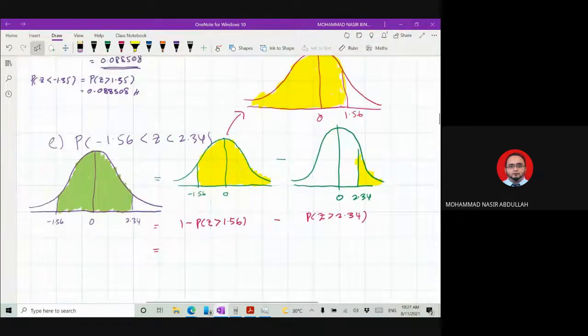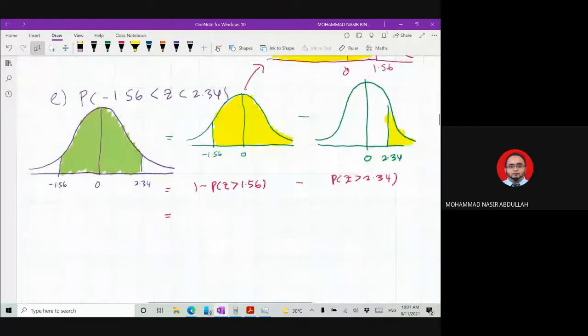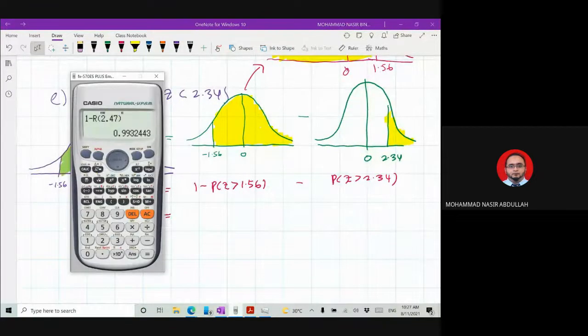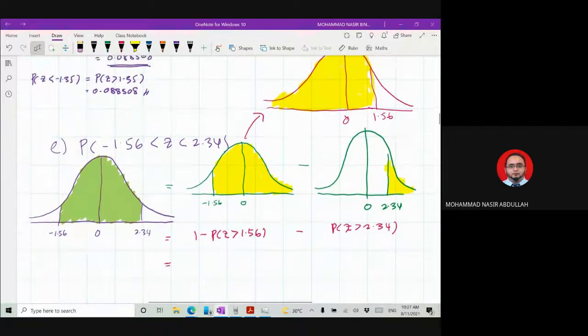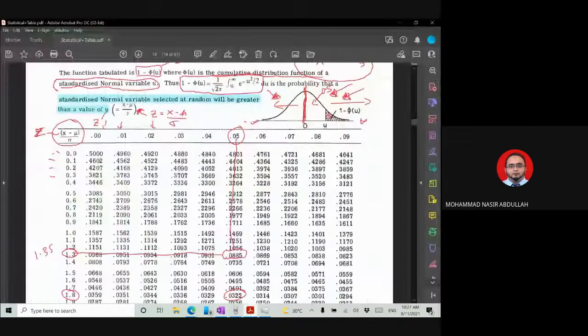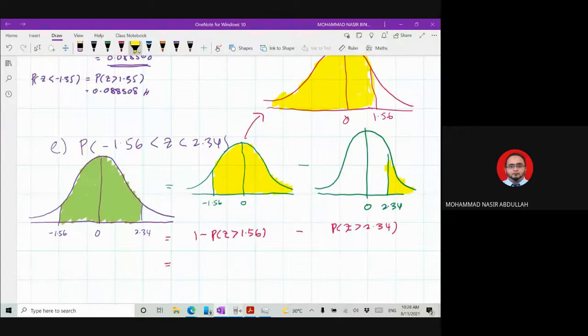You need to understand. So now, by using calculator, let's say we want to find the area to the right, because in the statistical table we don't have the area to the left, but we can also use this kind of manipulation, or if you want to stick with this one also can, but later on I will show it to you.